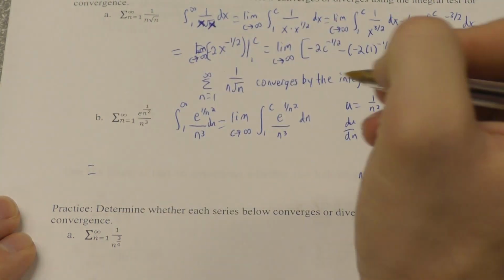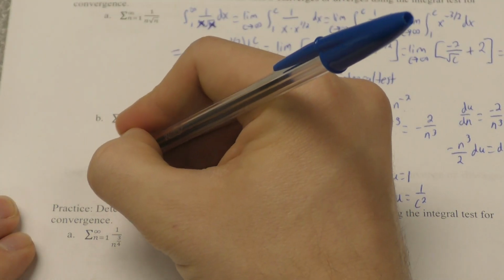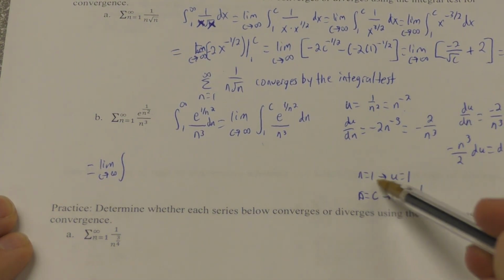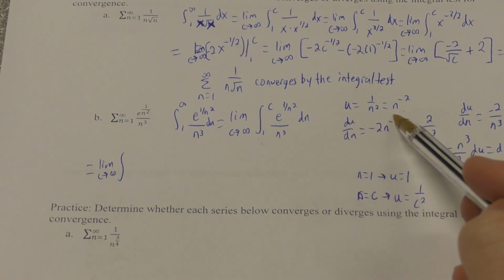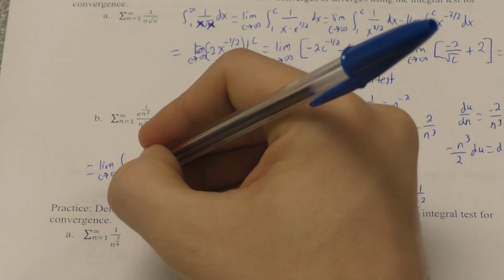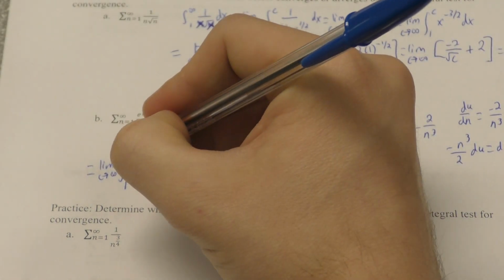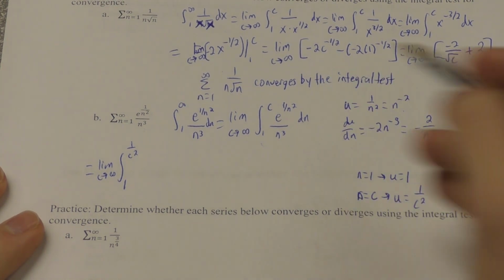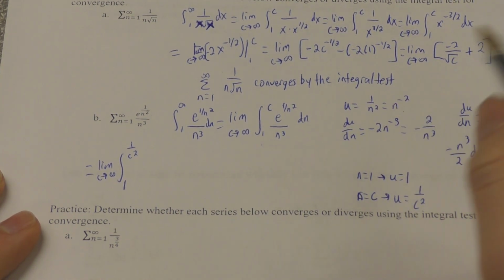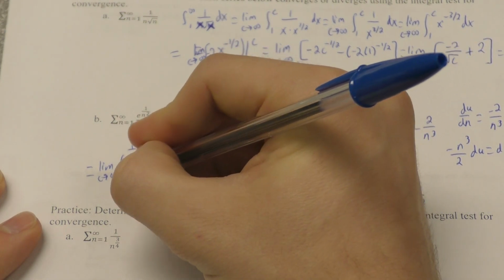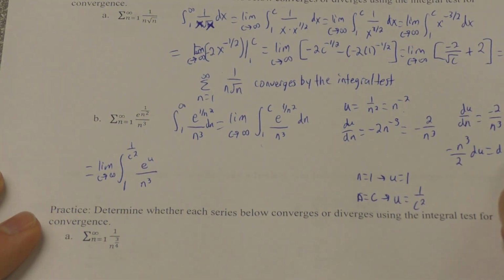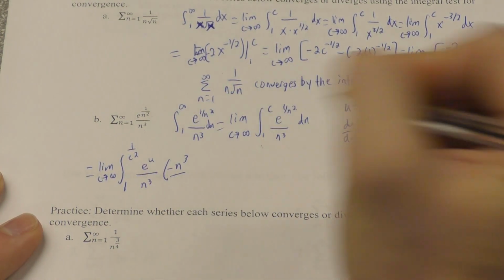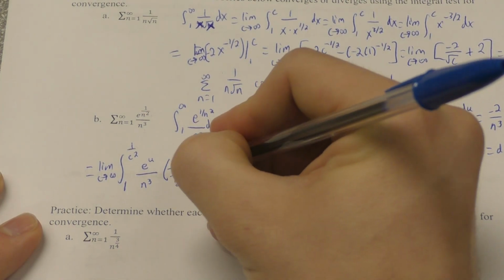So I want to come back to my integral, and I'm going to say that this is the limit as c approaches infinity of my new endpoints. My lower endpoint, which was 1, when I plugged n equals 1 in here, 1 to negative 2 became 1. That's there. My other endpoint became 1 over c squared. Alright, we'll take care of that later. Don't worry about it now. I now know that u is 1 over n squared, so this will give me e to the u over n cubed, where dn is negative n cubed over 2 du.